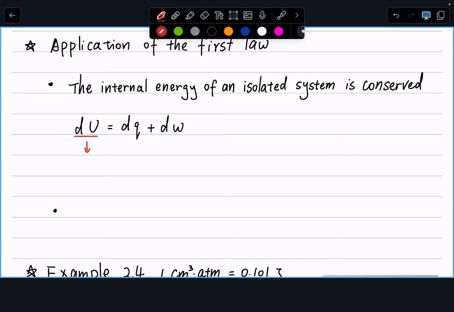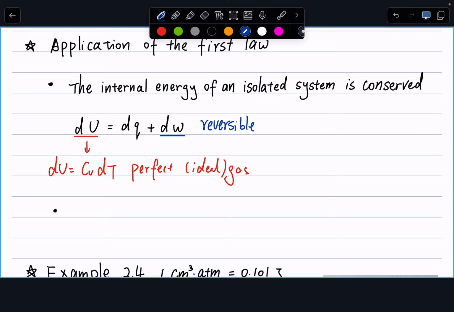For example, for du, we know that du equals Cv dt. That's something we just went over for perfect gases or ideal gases. And then we also have the dW. Let's say we have a reversible process. We have W_rev equals negative PdV.